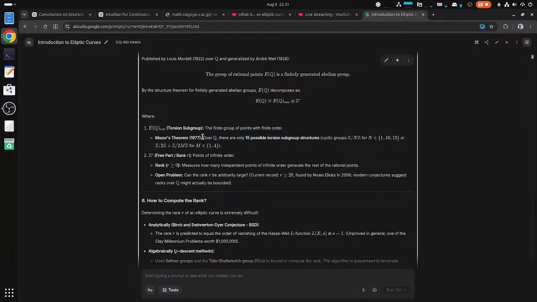Q is infinite, and yet there are only 15 possible torsion subgroup structures. On one side you have something infinite, like Q, and on the other side something finite, like 15 possible torsion subgroup structures.